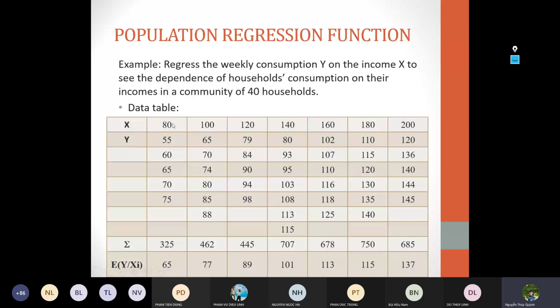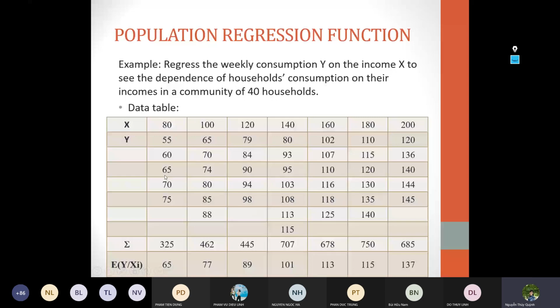For one level of income, you can see there's a statistical relationship between X and Y. Different households will have different levels of consumption. For example, when the income is $80, one household has consumption of $55, another $60 per week, another $65 a week.